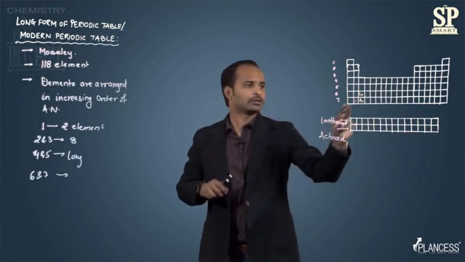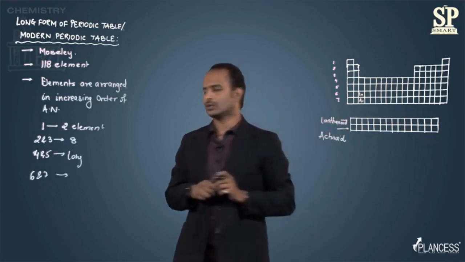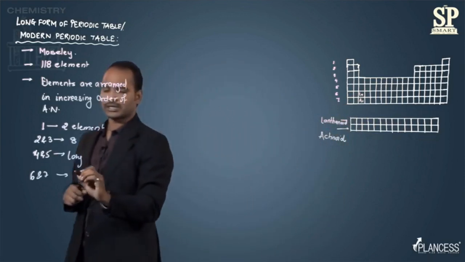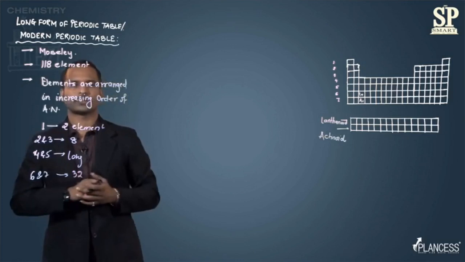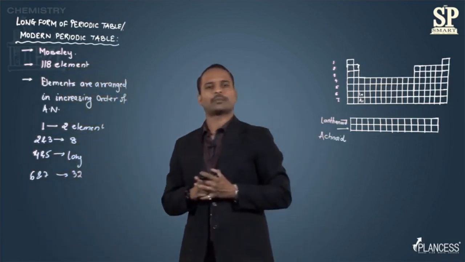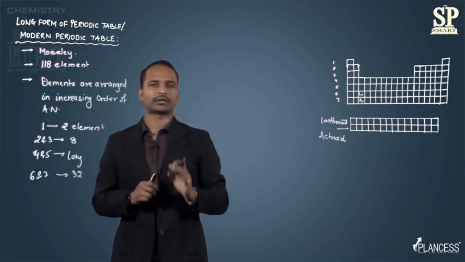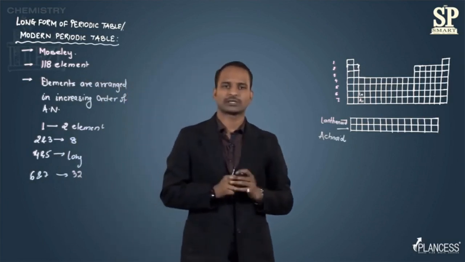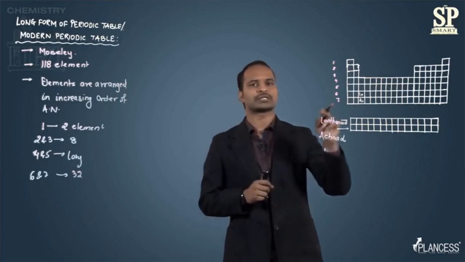So periods 6 and 7 contain a total of 32 elements, that is, they are considered the longest periods of the periodic table. Now it has been observed that elements belonging to the same period contain the same number of shells, so the number of the period represents the number of shells.